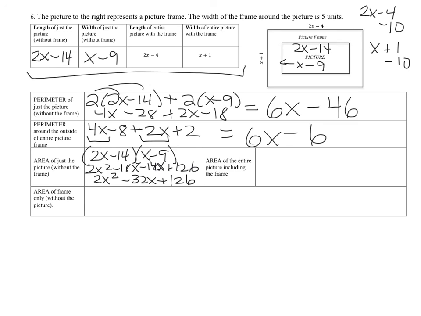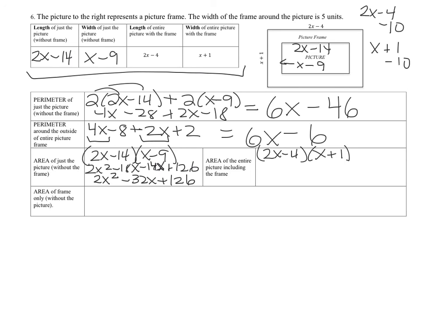All right, the next one, area of the entire picture including the frame. Well, these are the dimensions for the entire picture. So again, area, multiply. So I'm going to do 2x minus 4 times x plus 1.